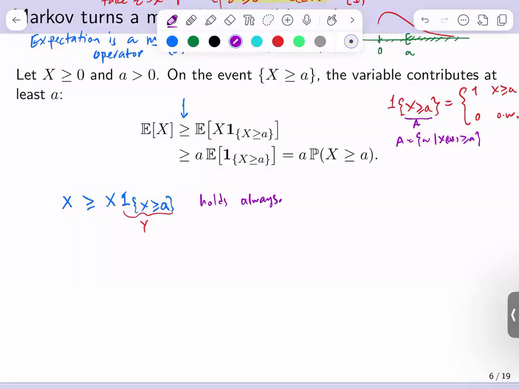Can anyone tell me why x is always bigger than or equal to x times the indicator of x bigger than or equal to a? There are really two cases: either x is bigger than or equal to a or not.